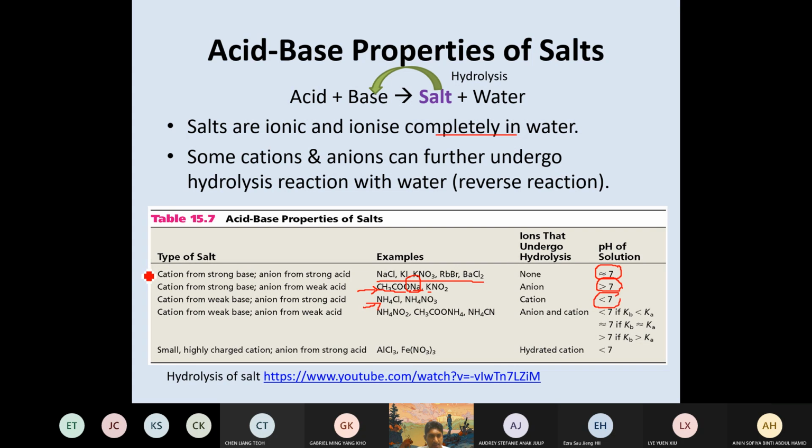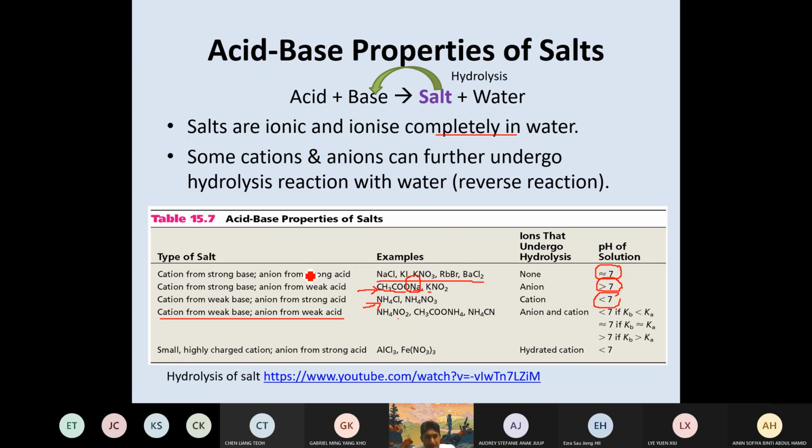But the problem is when there is weak acid and weak base. When this is a weak acid and weak base, there is the problem. Both of them, positive and negative, are weak, coming from weak acid and weak base. And then pH will be less than 7 if the Kb is less than Ka.